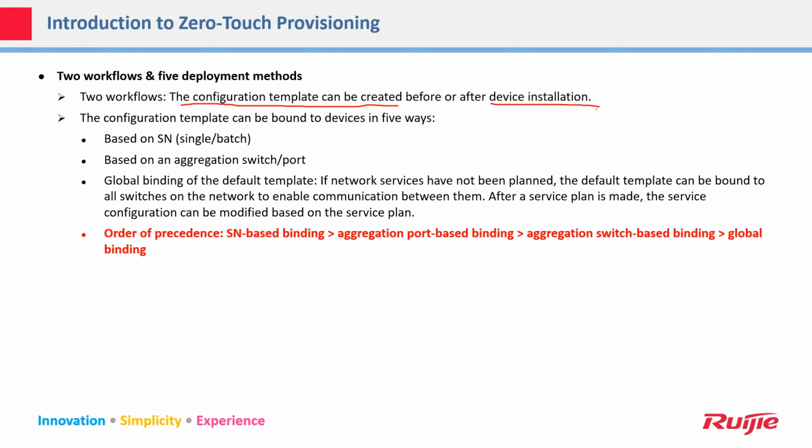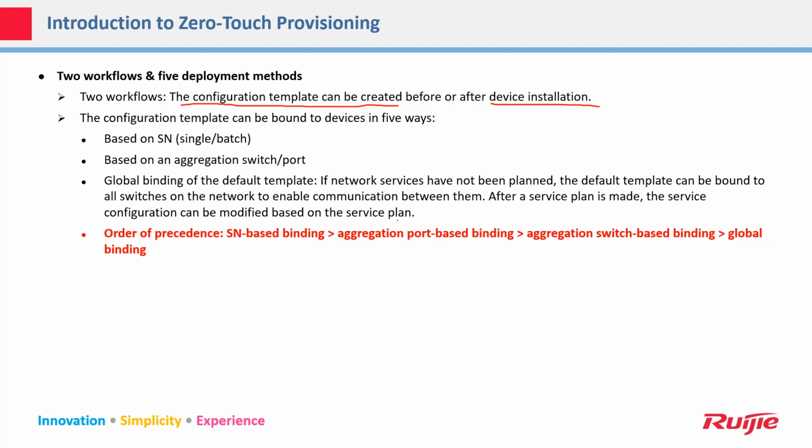And next, the configuration templates can be bound to devices in 5 ways. What we want to do is to deliver the configuration to the device, but in the network we have different types of devices.